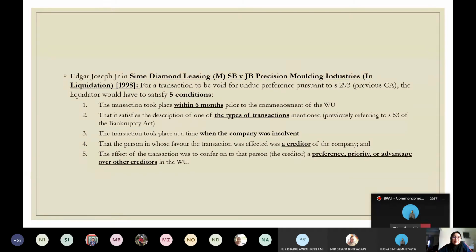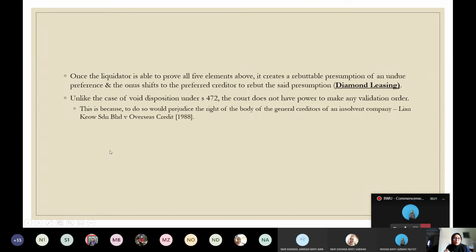Number 5, the effect of the transaction was to confer on that person a preference, priority or advantage over other creditors in the winding up. So these 5 conditions must be satisfied for the undue preference transaction to be void under the section. So that is about the section.